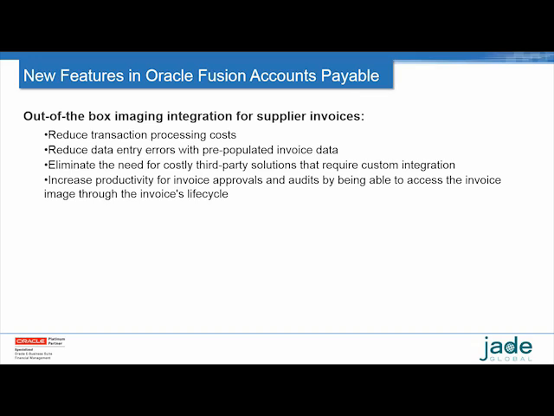This is important because I've seen AP users have to key all the invoices into the system, end up spending a lot of time, and also end up having data entry errors. But with out-of-box image integration, there is elimination of data entry errors, elimination of processing cost, and you can make your supplier vendor payments as fast as possible.